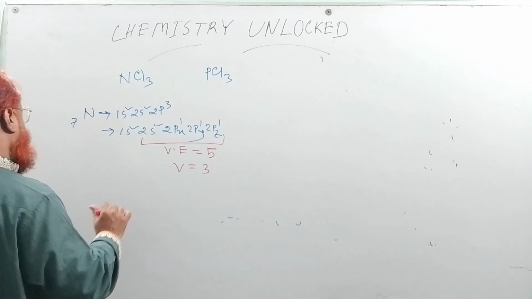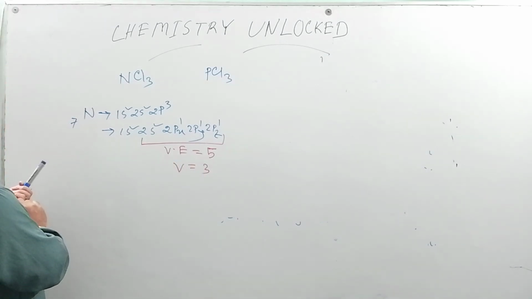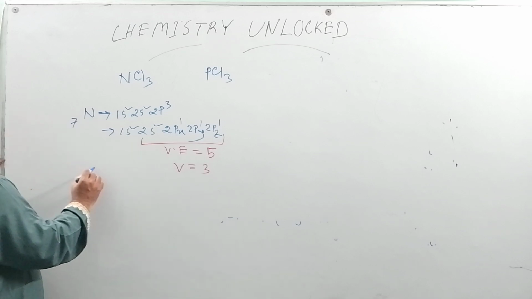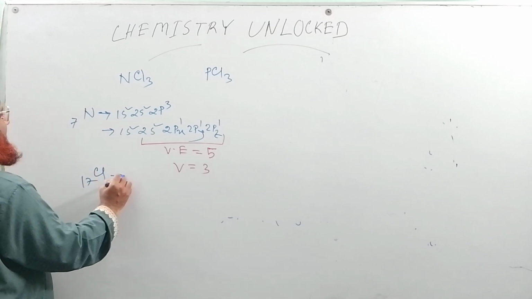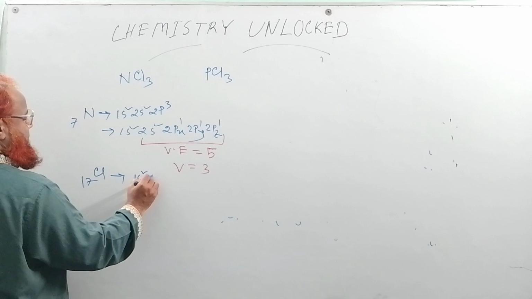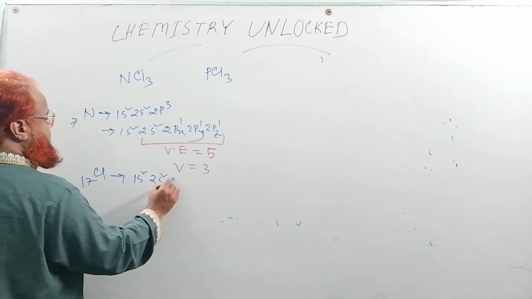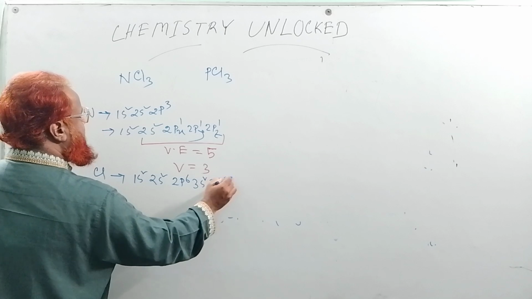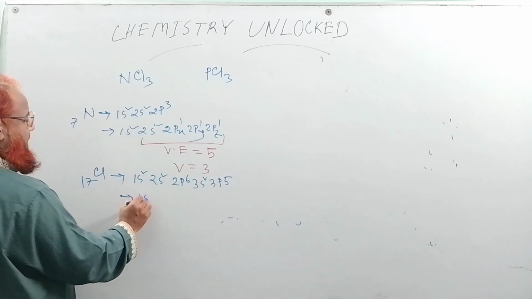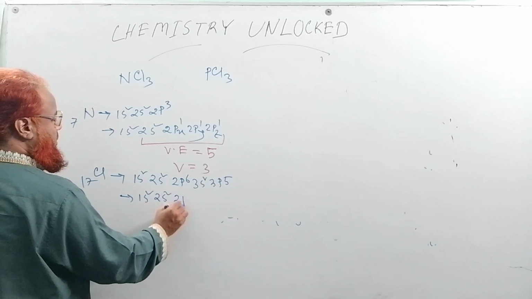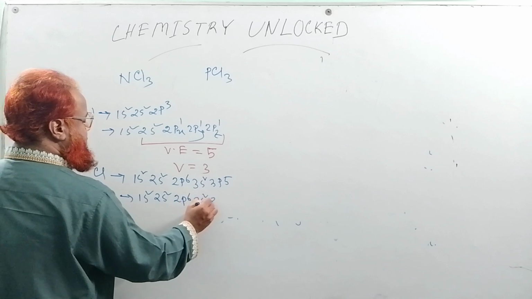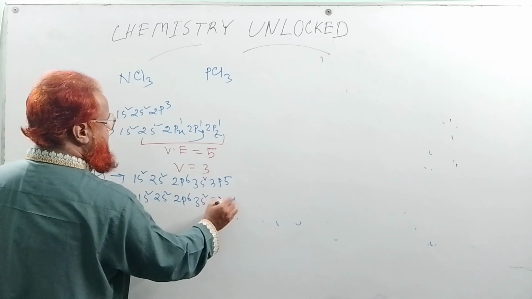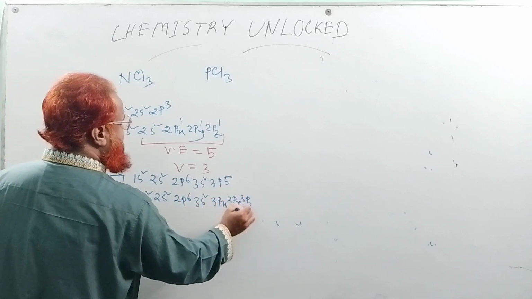Now we have to draw the electronic configuration of your chlorine atom. Chlorine, you know, its atomic number is 17: 1s2, 2s2, 2p6, 3s2, 3p5. So 1s2, 2s2, 2p6, 3s2, 3px, 3py and 3pz.